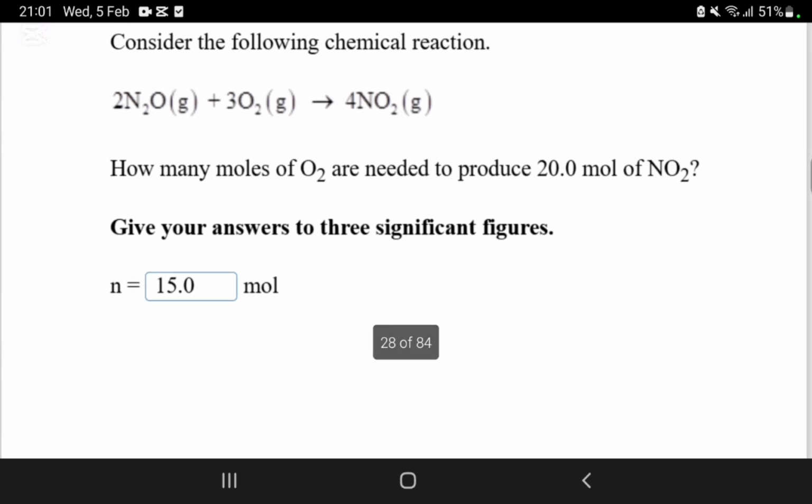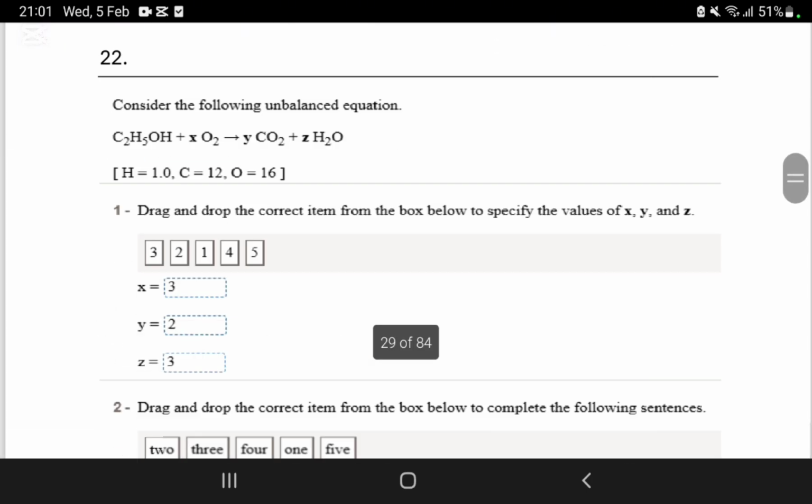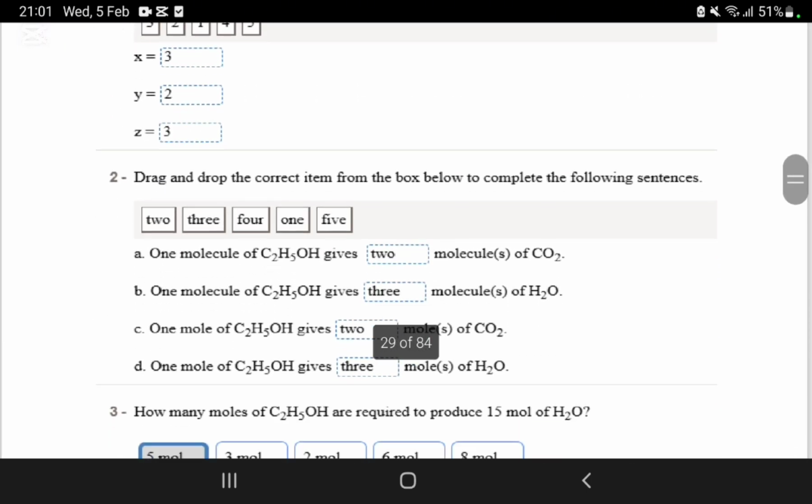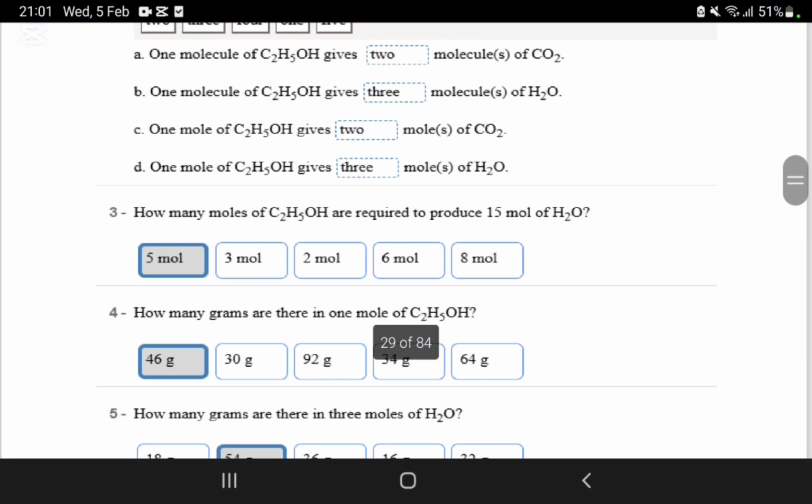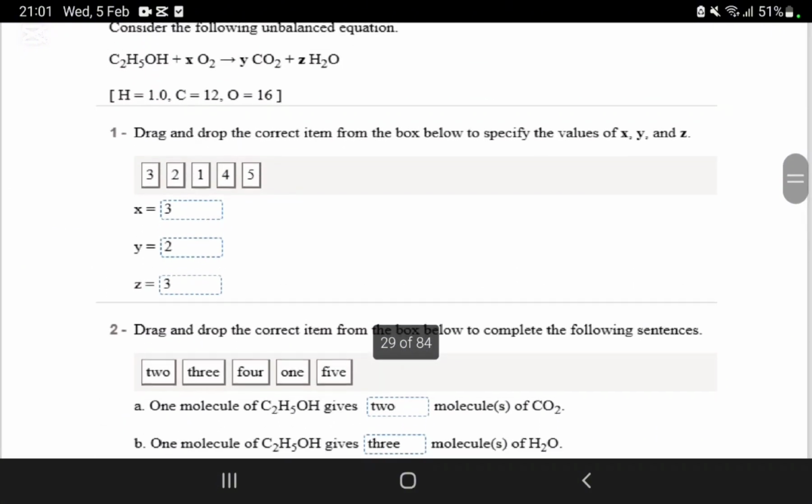Okay, so here it's quite simple. How do we go from 4 moles of NO2 to 20 moles? We just multiply the whole thing by 5, which means we do 3 times 5, which will give us 15.